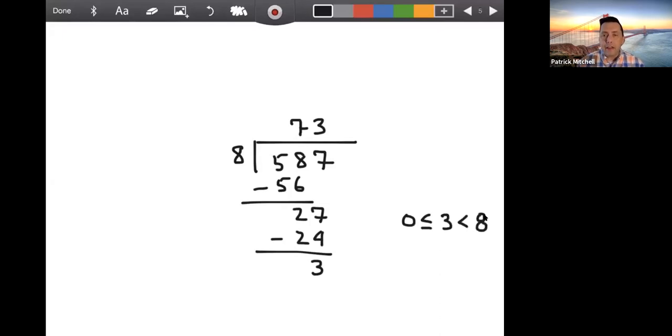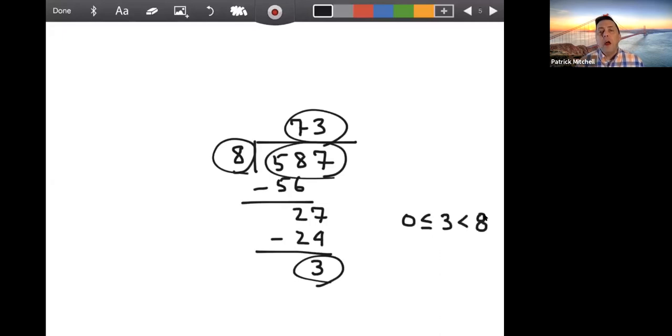All right, and there are a couple of different ways that you can tie these four numbers together. The one that goes along with what we're talking about on the other slide is you can say that 587 is equal to the divisor times the quotient plus the remainder.